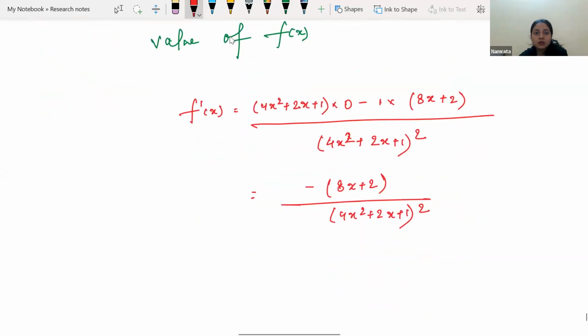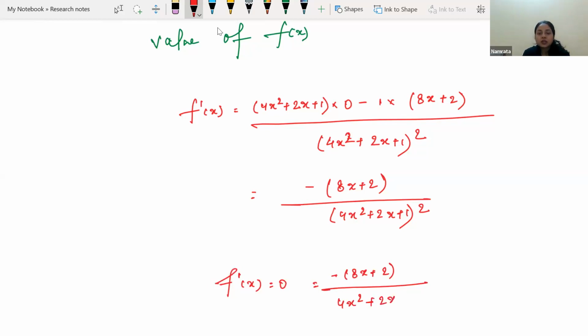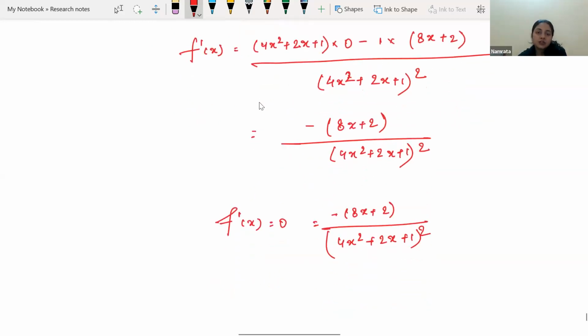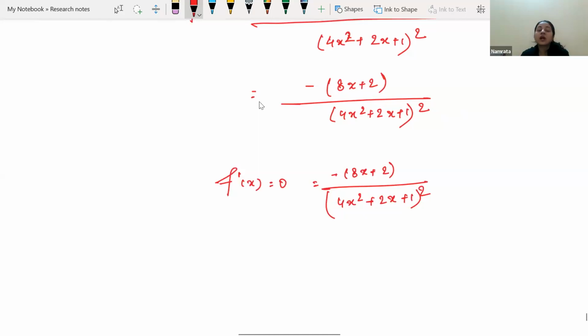Now, to get the critical point, we put f dash x equal to 0, that means minus 8x plus 2 over 4x square plus 2x plus 1, whole square, equals 0. Whenever we have such a fraction, the denominator can't be 0, since then the function is not defined, so we take the numerator equal to 0.